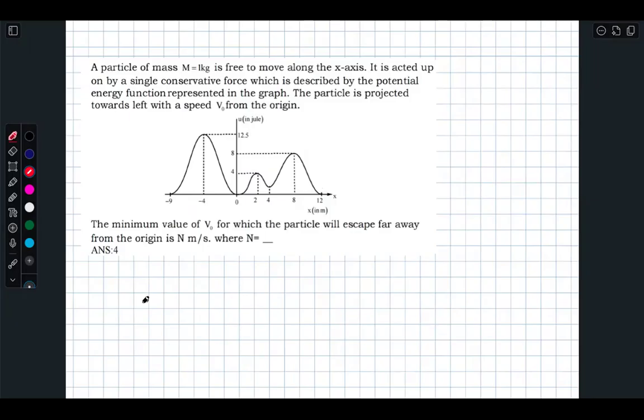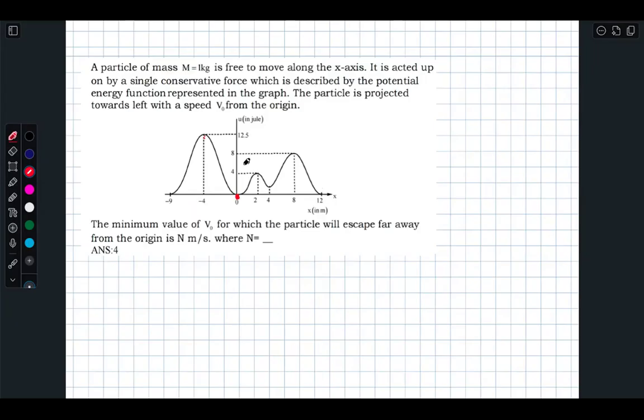See, the issue is you have potential energy. Now, for example, here the potential energy is 0. Here the potential energy is 12.5. Suppose the total energy here is slightly greater than 12.5, then what happens? The velocity won't become 0 here. It will still move further. That's all.